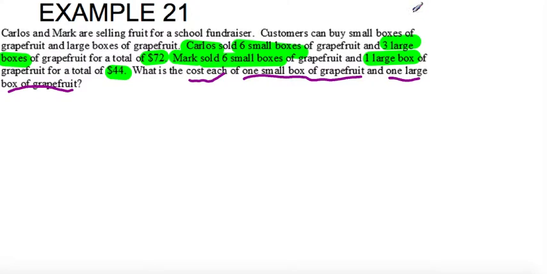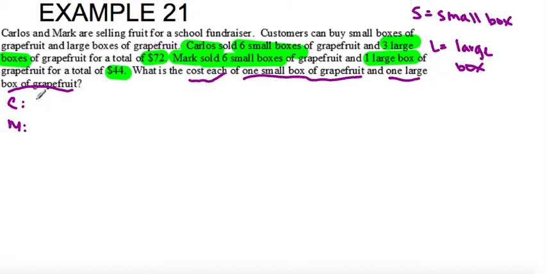We're going to call S the cost of a small box, and then we're going to call L the cost of 1 large box. And then you set up your equations. We know that Carlos will have an equation, and then we know that Mark will have an equation as well.